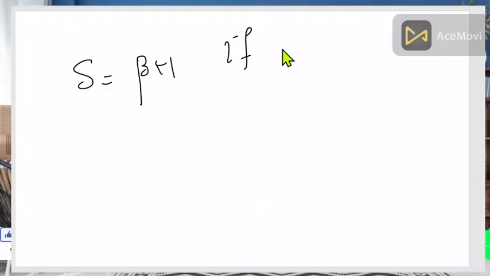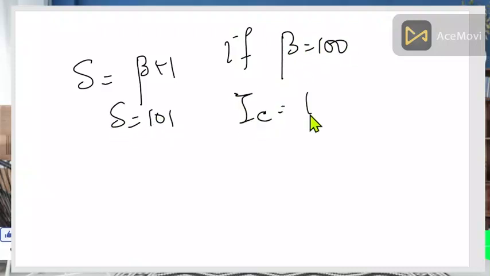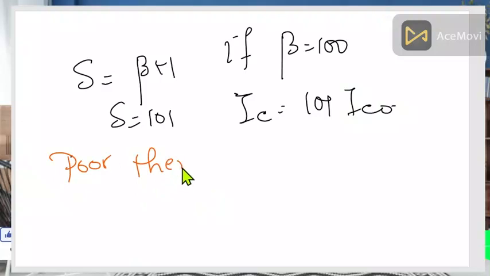If you take beta as 100, S is 101, IC is 101 times faster than ICO. So we can say that this circuit has poor thermal stability. S should ideally be 1. You cannot get 1, but it should be as small as possible.